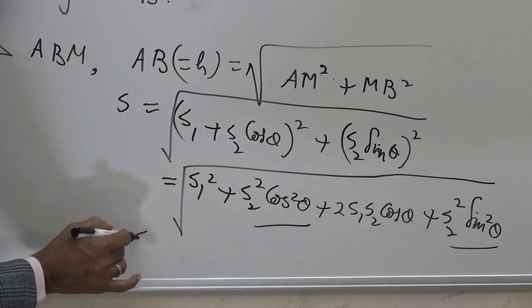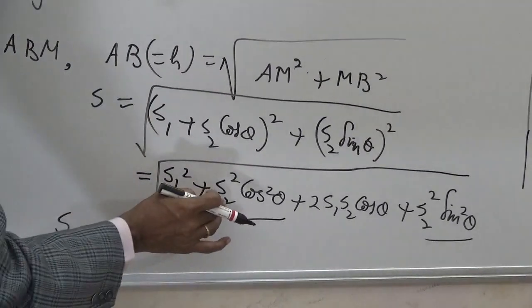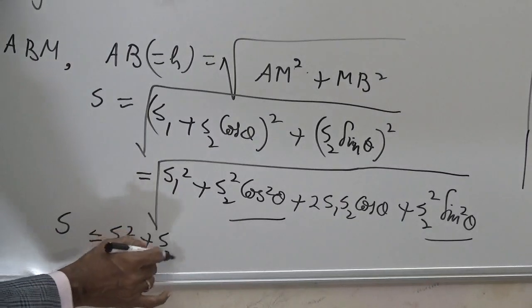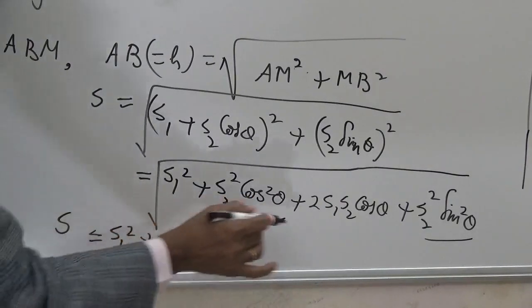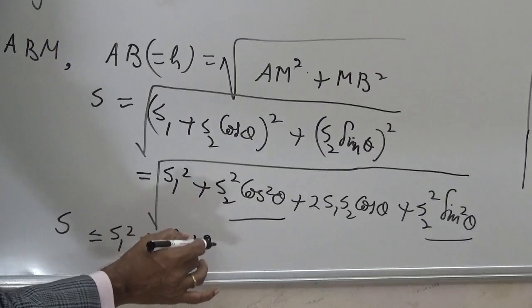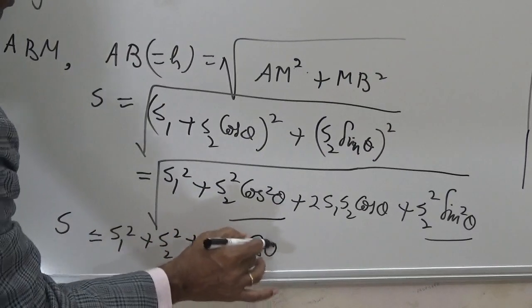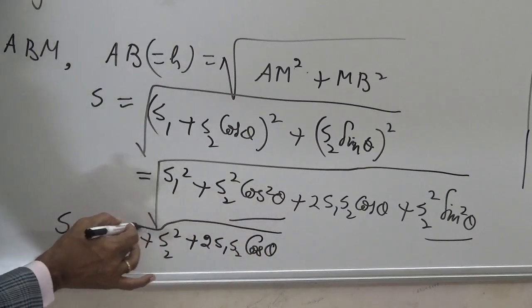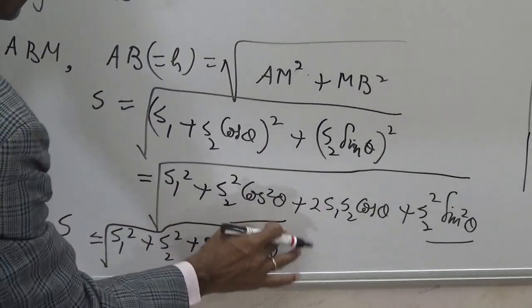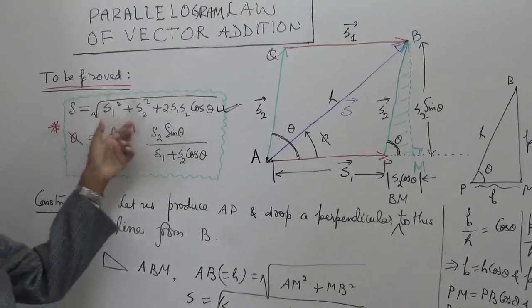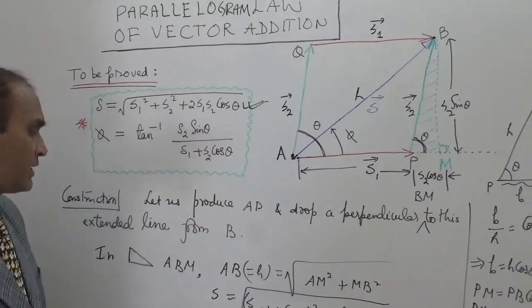S is equal to S1 square plus S2 square cos square theta plus S2 square sin square theta, that is S2 square. Then the rest of the factor is 2 S1 S2 cos theta. So this is the first proof of the magnitude of the resultant.